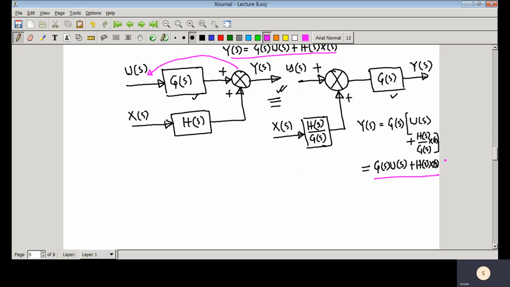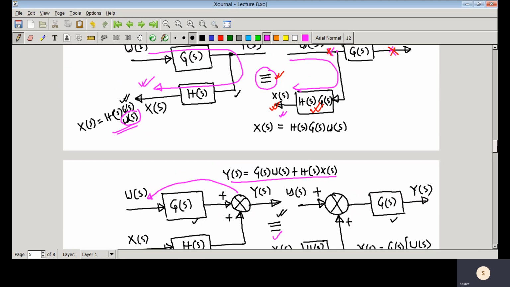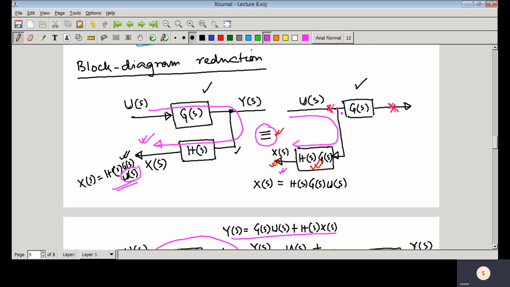So that means these two block diagram representations are equivalent, and we can see that whenever you change that tapping position, the block diagram is revised.